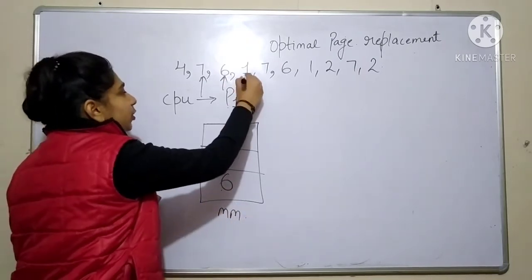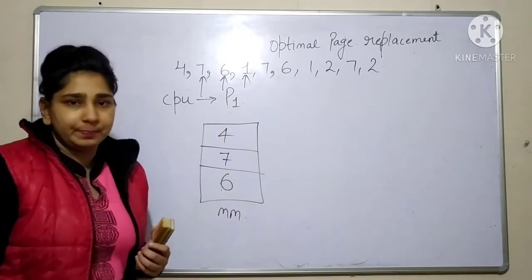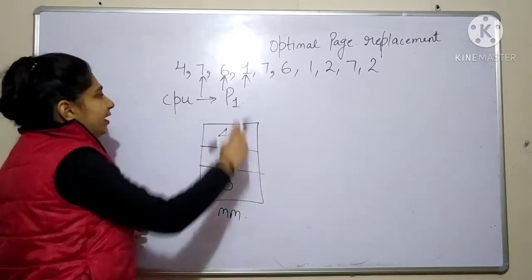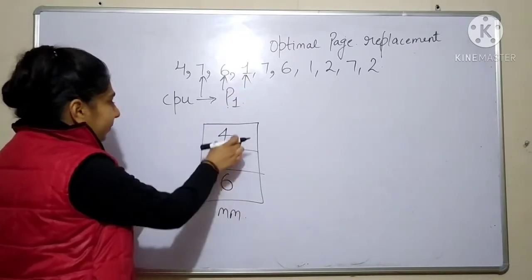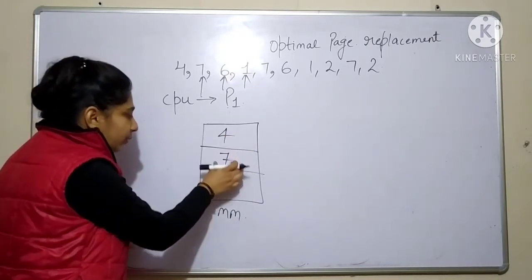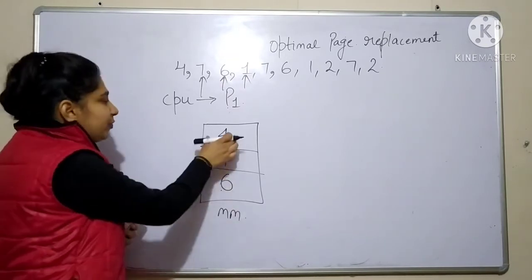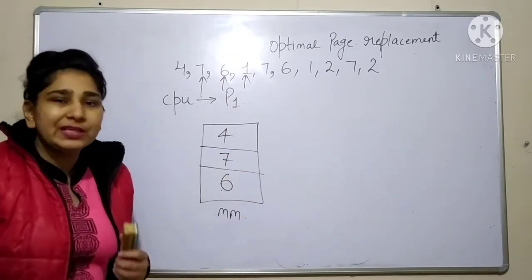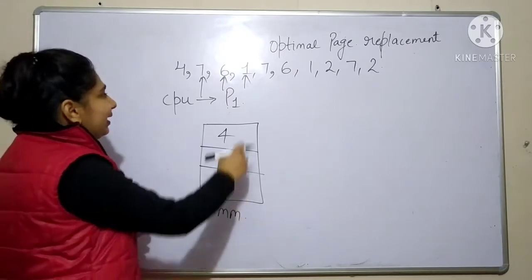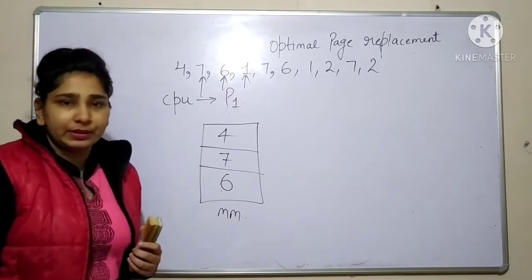Next, your CPU is requesting the first page of process P1, and this first page is not present in the main memory. I have to swap out one of these pages. We have to swap out one page out of these 3 pages so that I can load the first page of process P1 in main memory.